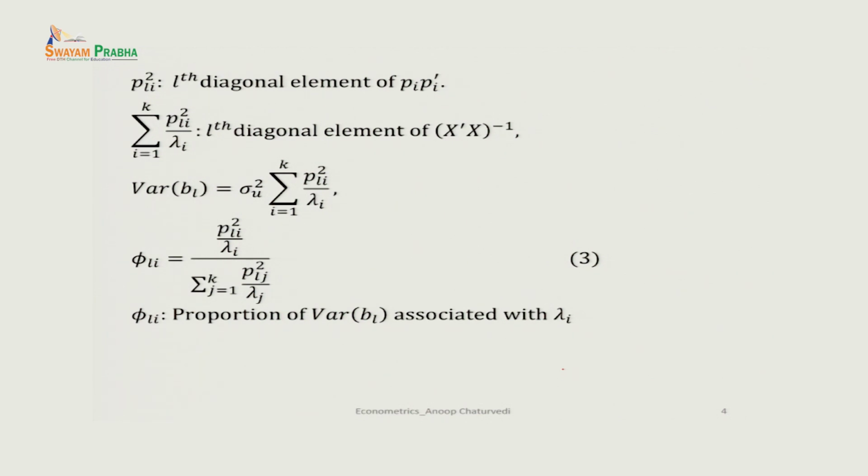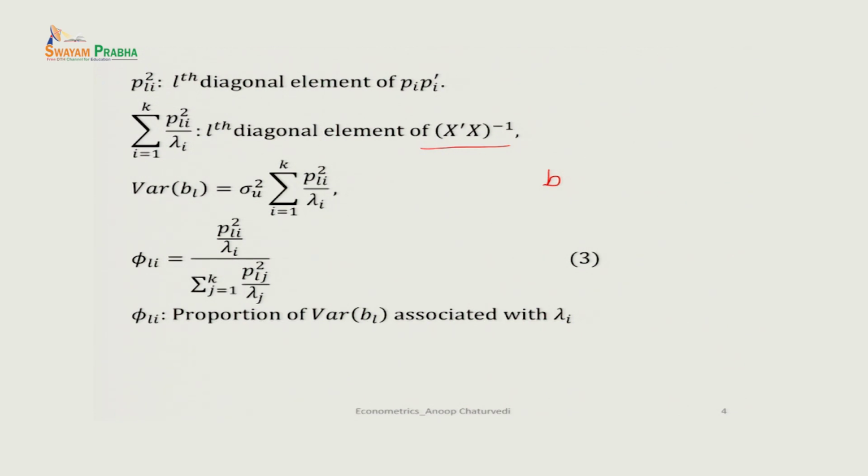Now, suppose p l i square is the lth diagonal element of pi pi transpose. Then summation i equal to 1 to k p l i square upon lambda i is the lth diagonal element of X transpose X inverse. And then the variance of b l, the lth component of b, is sigma square u summation i equal to 1 to k p l i square upon lambda i.